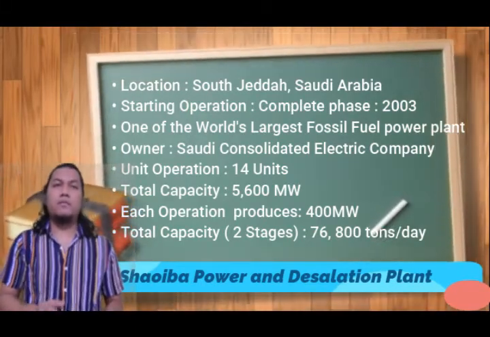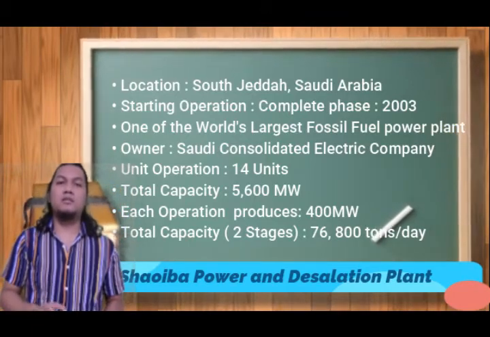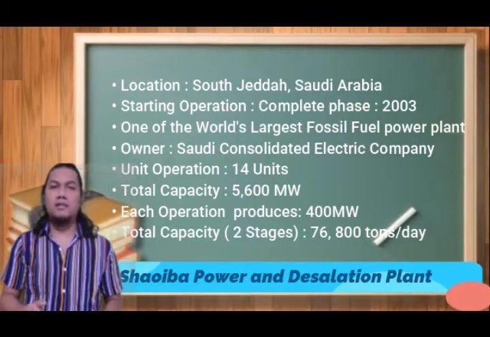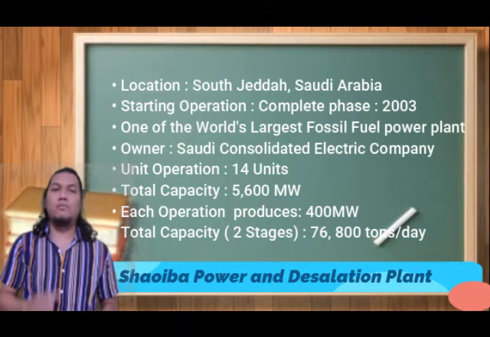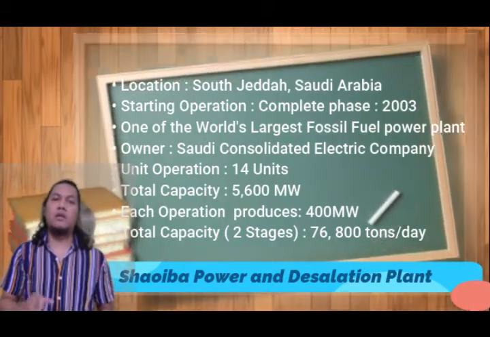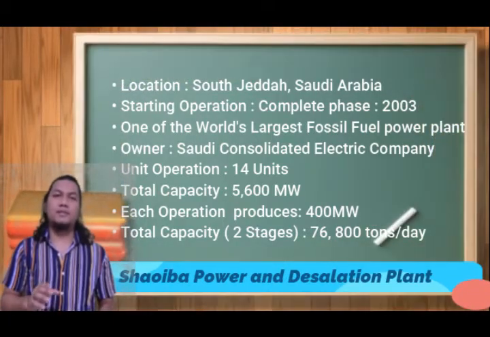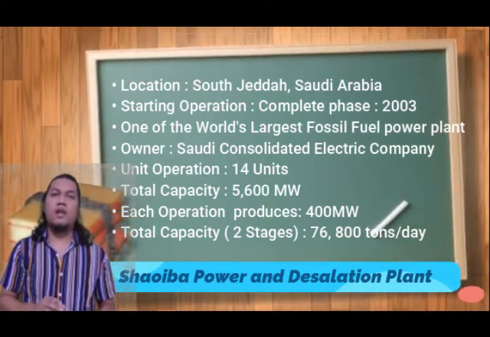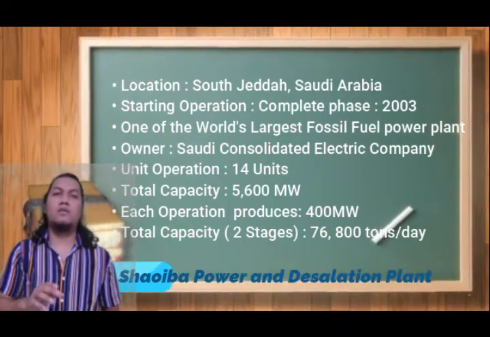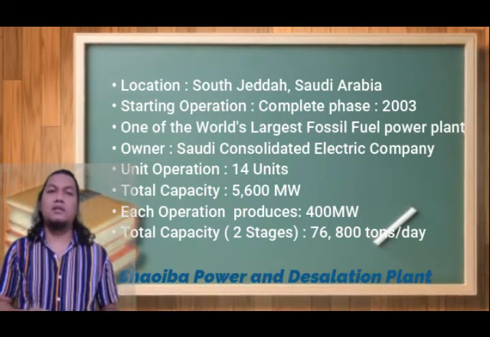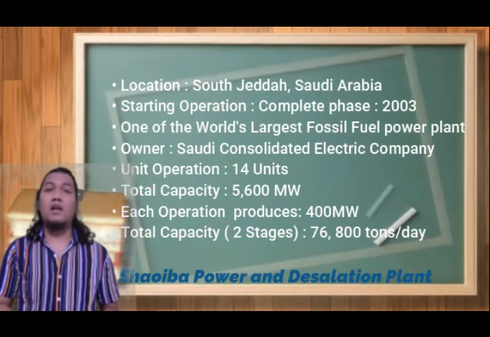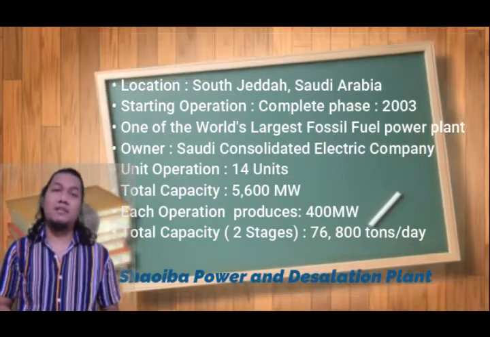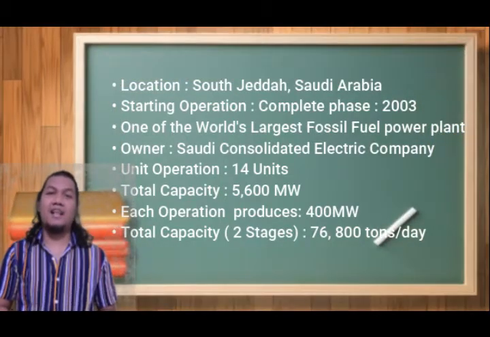This is one of the world's largest fossil fuel power plants. It is owned by the Saudi Consolidated Electric Company. It has 14 units operational. The total capacity of the plant is 5,600 megawatts.